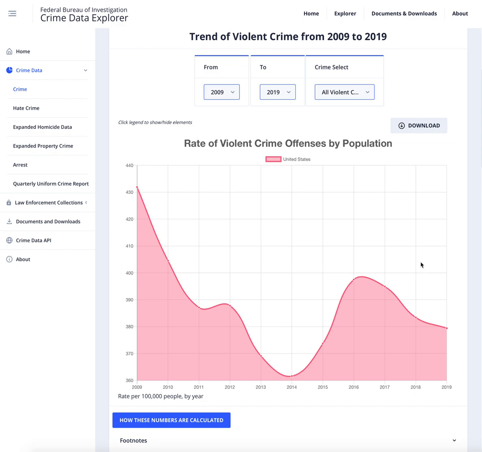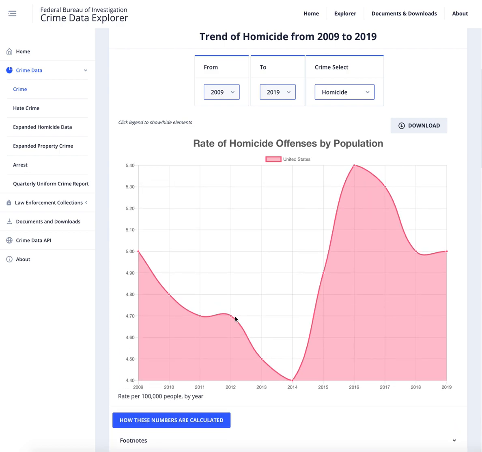So that's a decrease. Instead of violent crime overall, we have four options for violent crime. We could look at the homicide rate, and you notice it follows that same kind of trend. But you've got to pay attention to the numbers on the left. This goes from 4.4 to 5.4, so the difference between 2014 and 2015 is half a murder per 100,000 people more than the previous year.